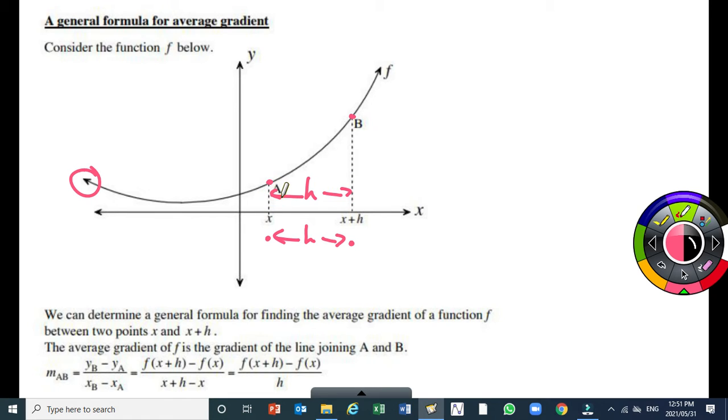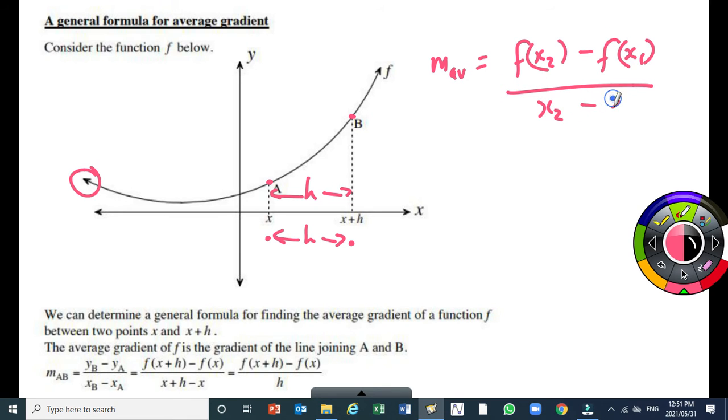If we incorporate our knowledge of functions, you are to find the average gradient there. So it will be MAV is equal to f of x2 minus f of x1 over x2 minus x1. Okay? Now, just want to remind you that this formula is the same as saying y2 minus y1 over x2 minus x1 that you were taught from grade 9.